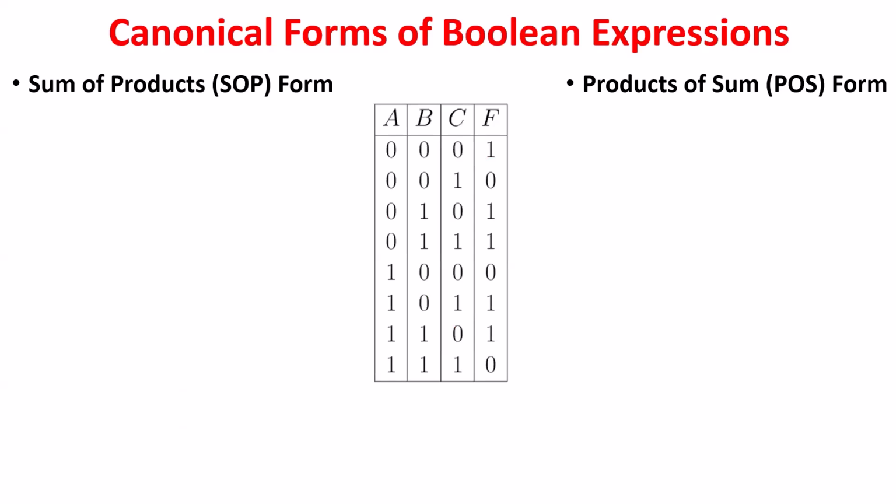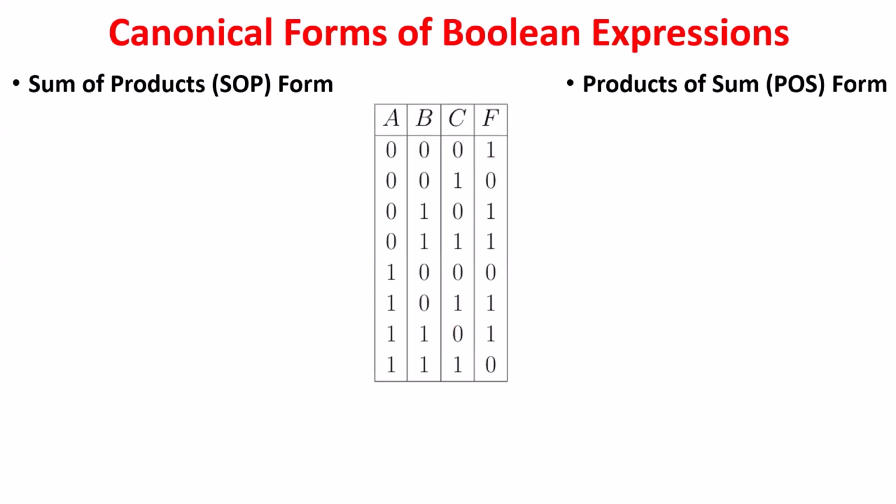In the table shown, the output is F, and it returns 1, 0, 1, 1, 0, 1, 1, and 0. So now we are going to write the expression for F using the sum of products as well as using the product of sums.